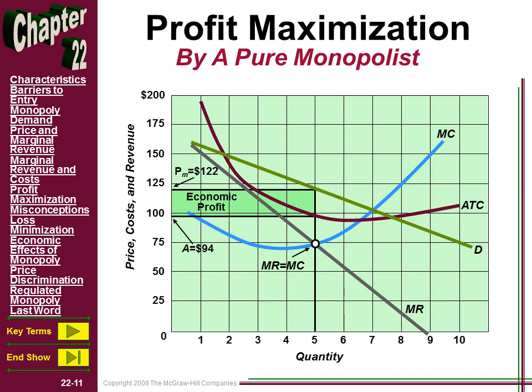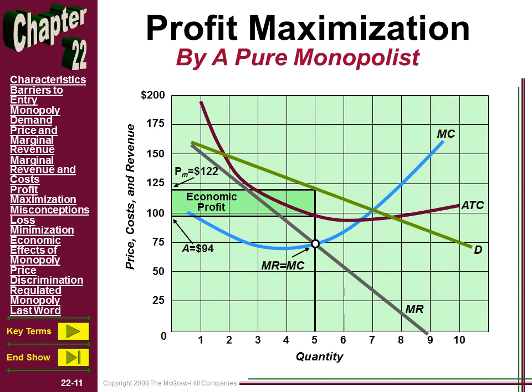But this firm has created or erected barriers to entry, preventing any potential rivals from entering this market. Therefore, we could assume that economic profits could persist for quite some time for the monopolist, right?